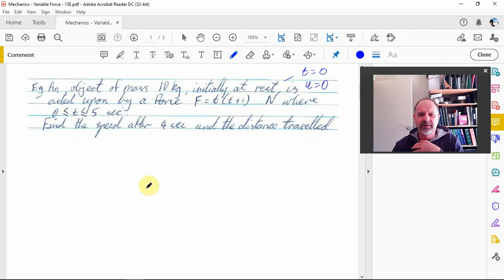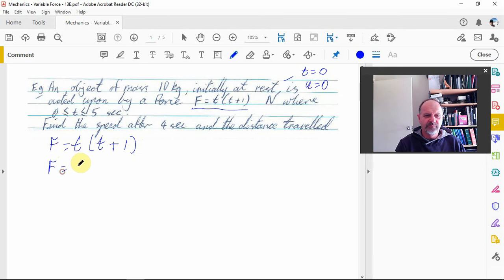And let's have a look at what else. Alright, so the other thing we've got is this force expression, and that's in terms of time. The force is varying, so the force is T squared plus T, if we look at it in that way.